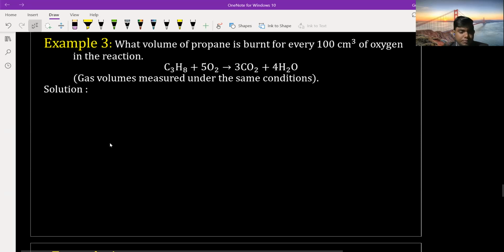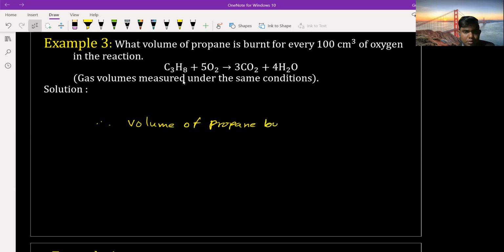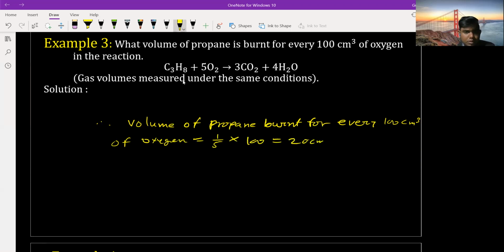So from the above reaction, it is clear that for every 5 volume of oxygen, 1 volume of propane is burned. इसलिए we can say that volume of propane burned for every 100 centimeter cube of oxygen equals to 1/5 into 100 equals to 20 centimeter cube.